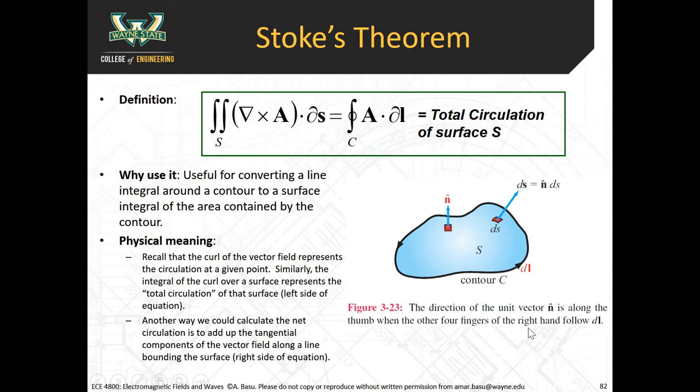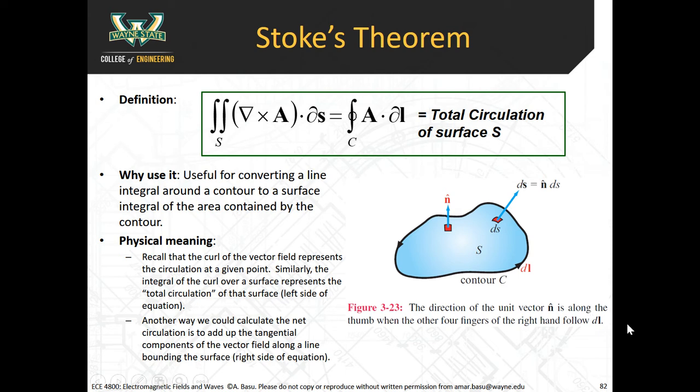If we go all the way around this contour and add up all the tangential vectors along this line, that gives the total circulation. Mathematically that's A dot dl. dl is the tangent vector at each point along the line, and A is the vector field. So A dot dl is the component of the vector field that's tangent to that line.